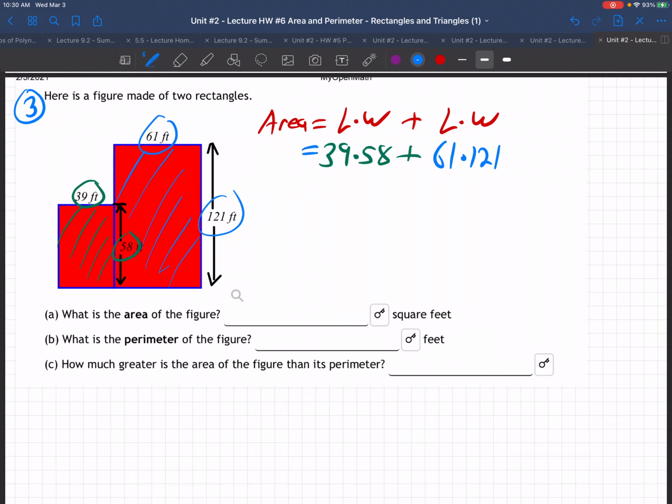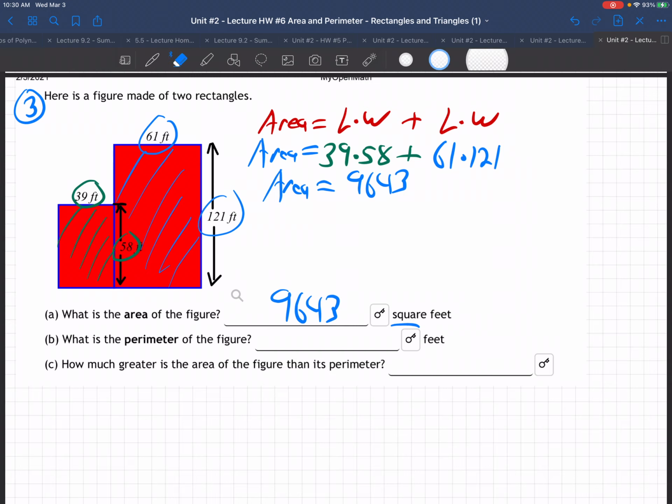Just hit the buttons on your calculator. I'm getting 9,643 square feet.